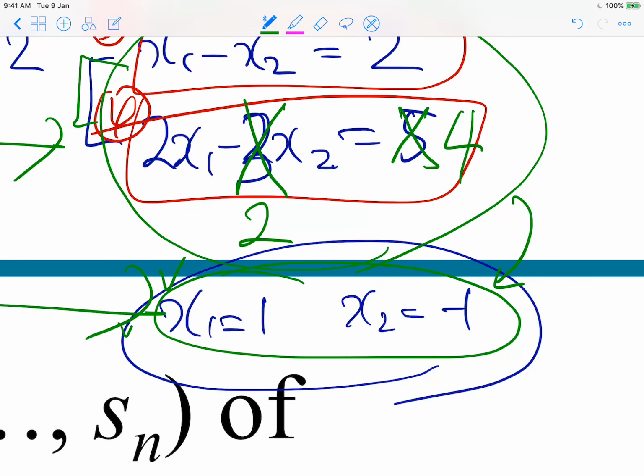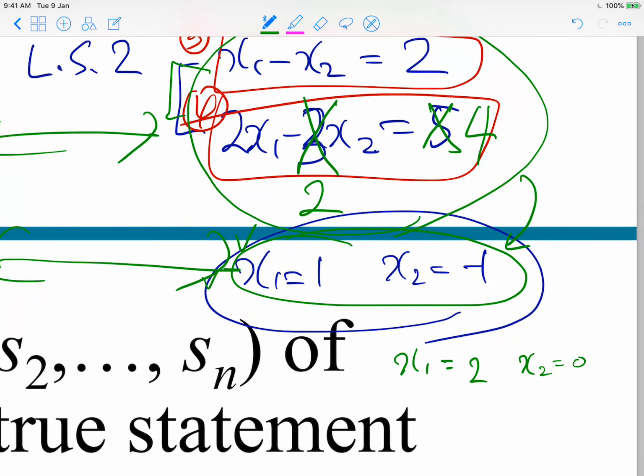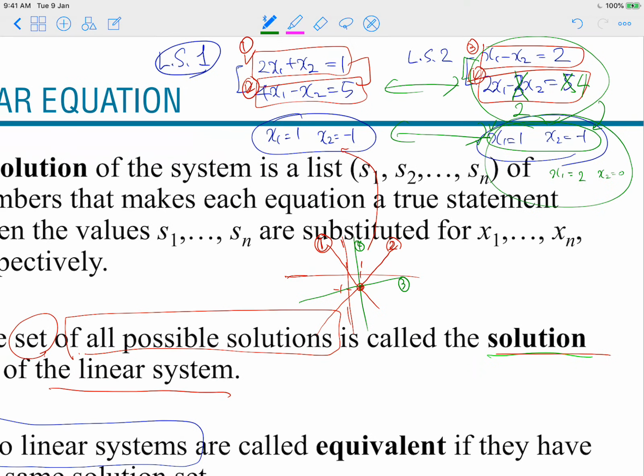For example, x1 being 2 and x2 being 0 is another solution. So the solution sets of the first and the second are not exactly the same, and those two linear systems are not equivalent.